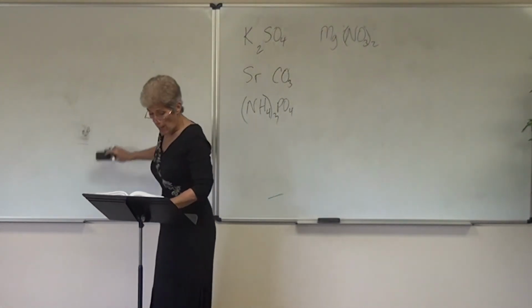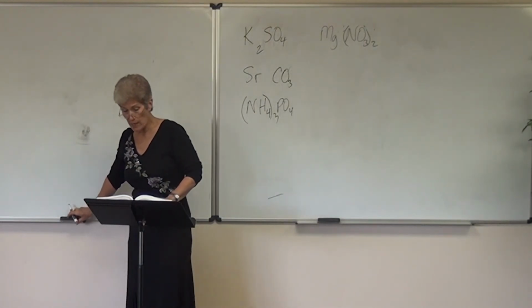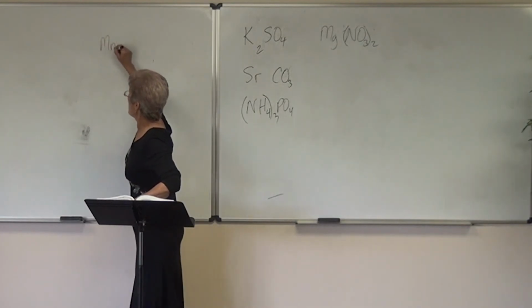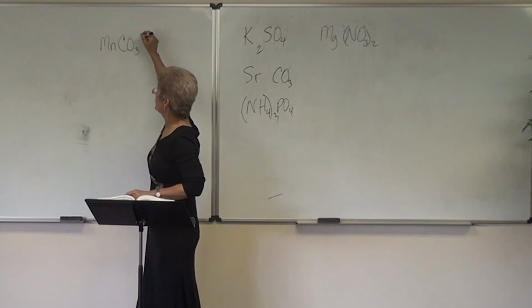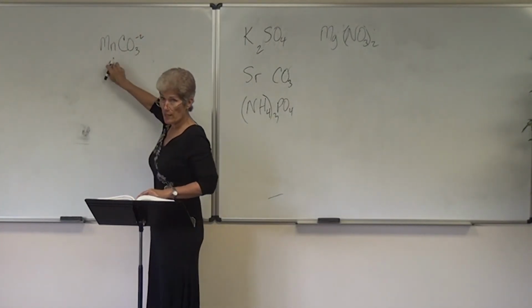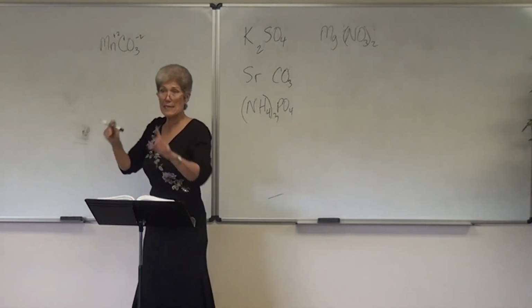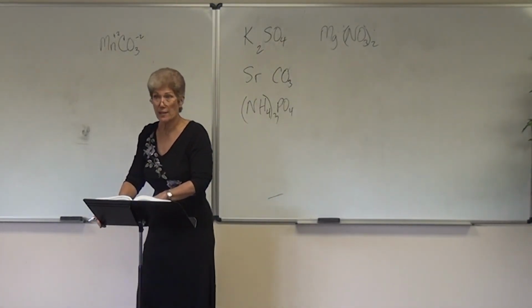Number 19, manganese can have different charges in an ionic compound. What is the name of MnCO3? What is the charge on CO3? -2. So what does this manganese have to be? +2. So this has to be manganese, Roman numeral 2, carbonate. Is everybody okay with that?